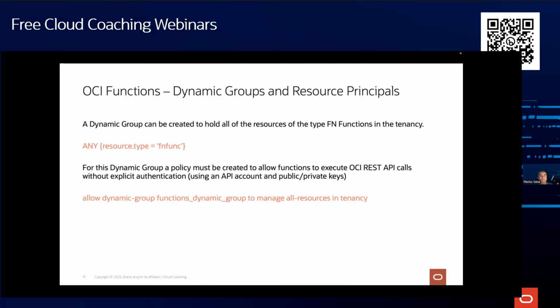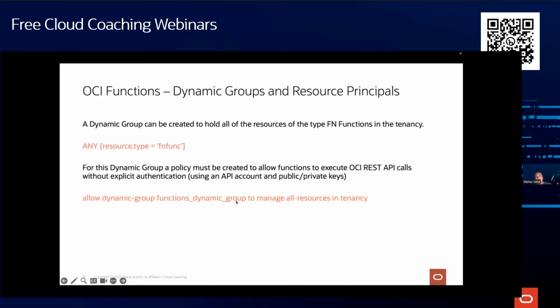Another cool feature that I can mention is that you can add all the resources of type functions to a dynamic group. And this dynamic group, using again a security policy, can be allowed to execute different operations within your tenancy.